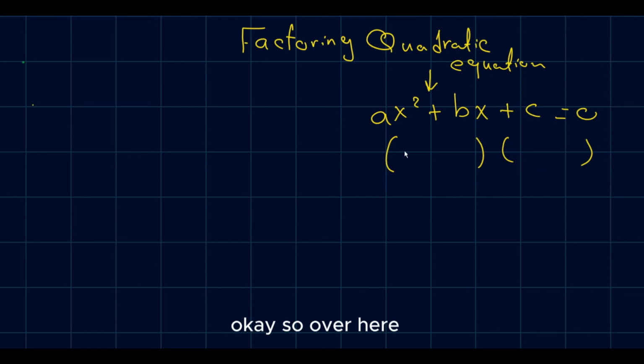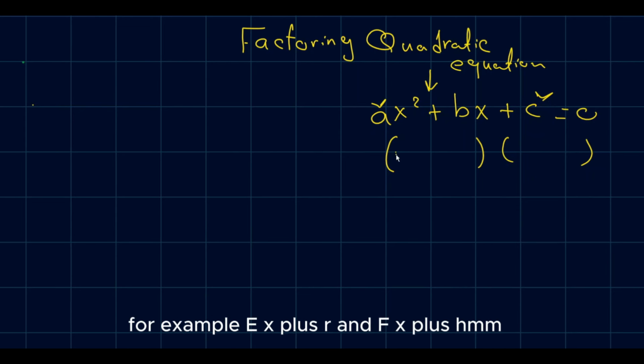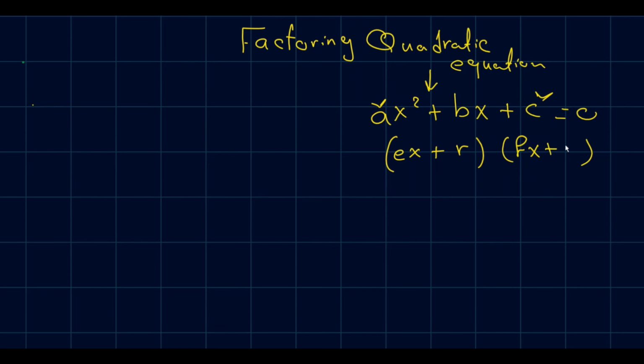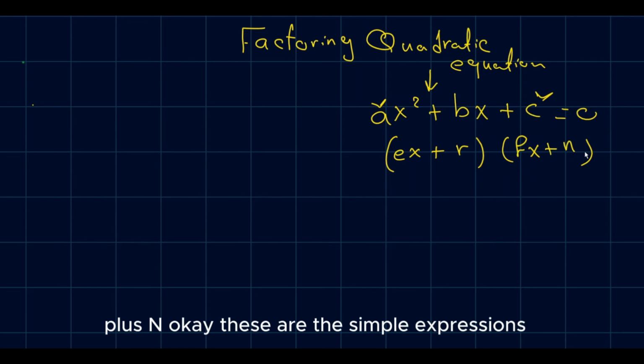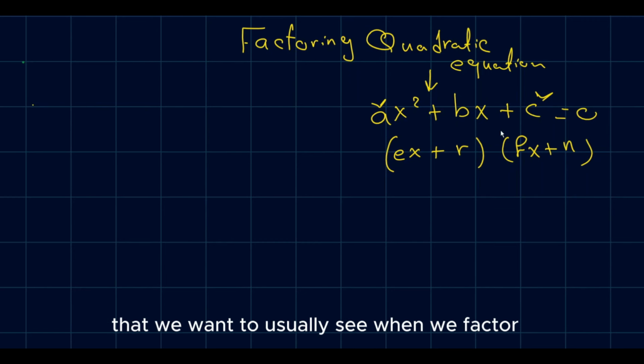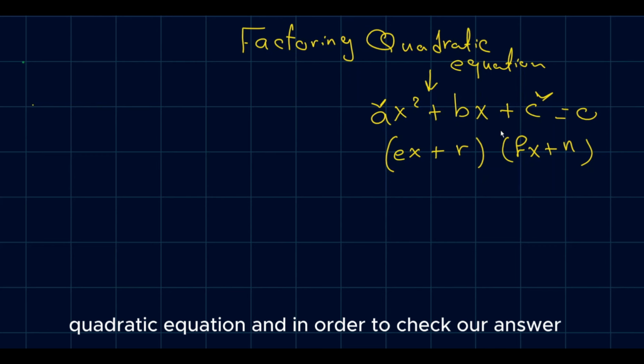Let's say that the factors for a and the factors for c will give us, for example, (ex plus r) and (fx plus n). These are the simple expressions that we usually want to see when we factor a quadratic equation.